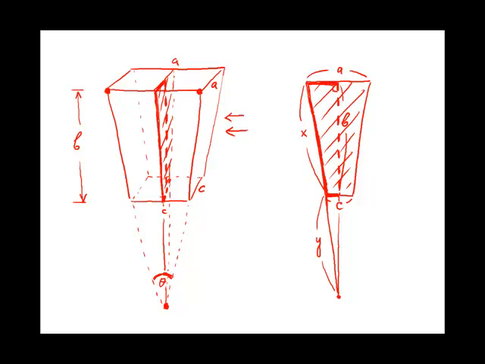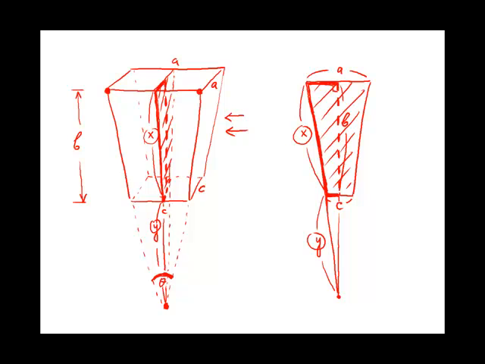Hopefully, as a result, I will be able to find X and Y, which belong to that triangle with the angle theta in it. Where are these X and Y? This is X, this is Y. Do you guys agree?